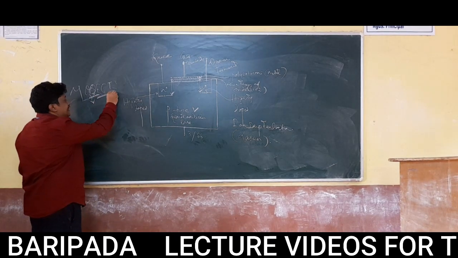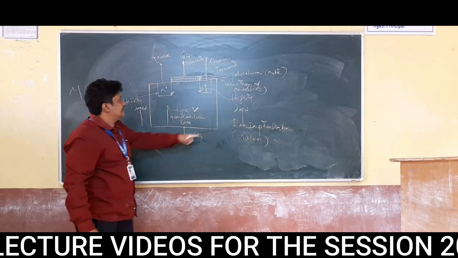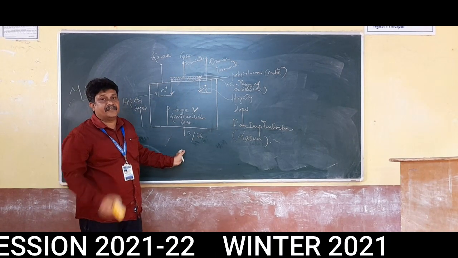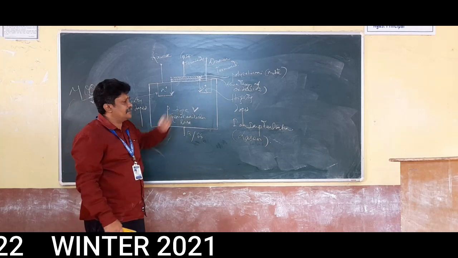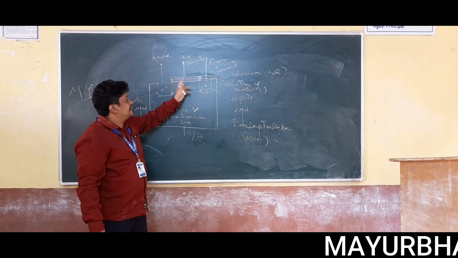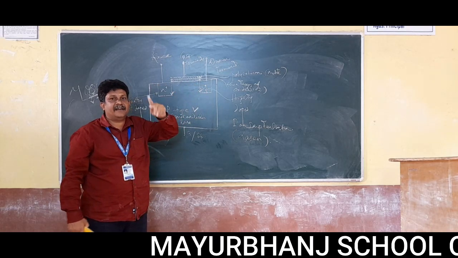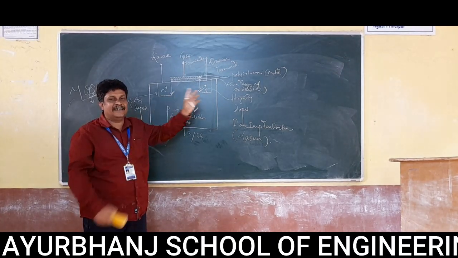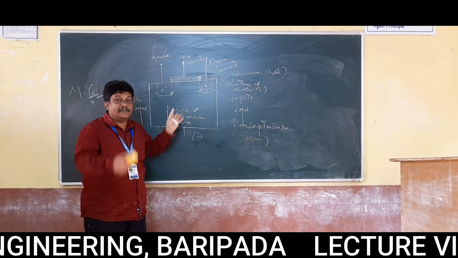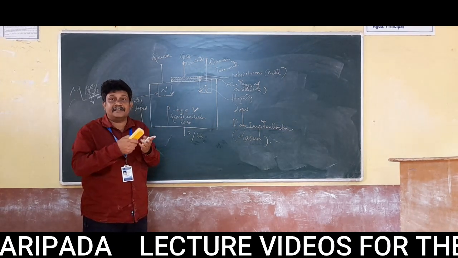Field effect transistor. This is also one family of field effect transistor. How can you recognize this is also a field effect transistor? Now you see, these terminals are not similar to BJT, but they are similar to FET. What are the different terminals of BJT? Emitter, base and collector.